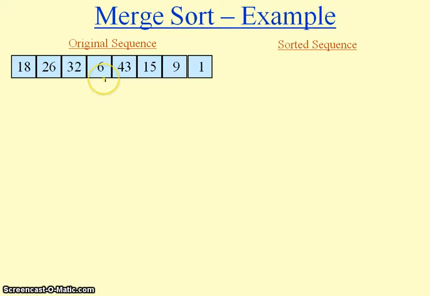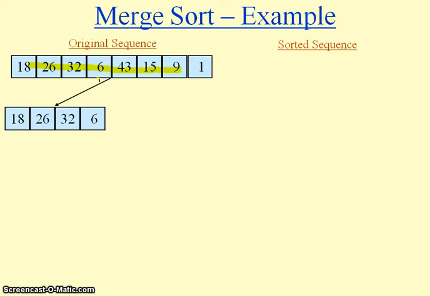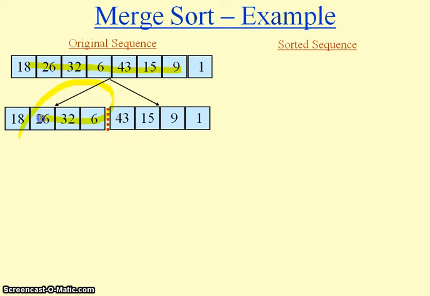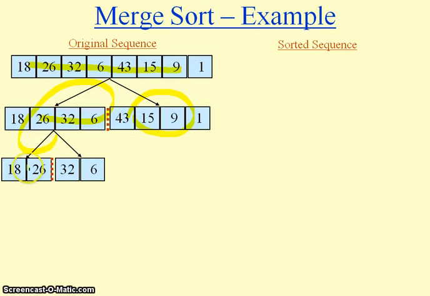The original problem is of n elements. Here n is 8. So this original problem is handled by dividing it into two subproblems, each having 4 elements. Now this subproblem 1 is treated as the original problem and is further divided into two subproblems having 2 elements each.